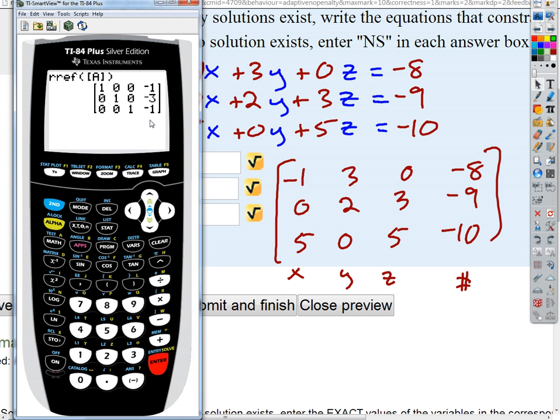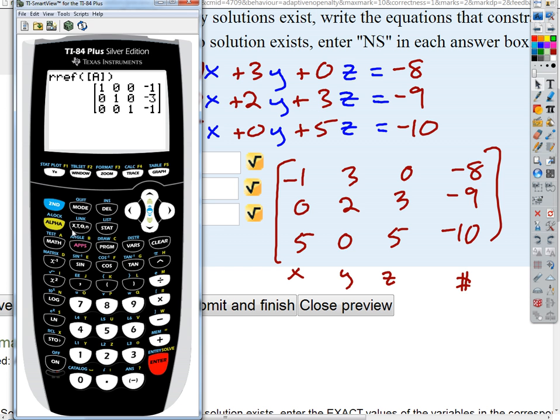So 1 times x equals -1, because the zeros, 0 times y and 0 times z are just going to be 0 anyway, right? So that first row is telling us that x equals -1. What's the second row telling us? Y equals -3.